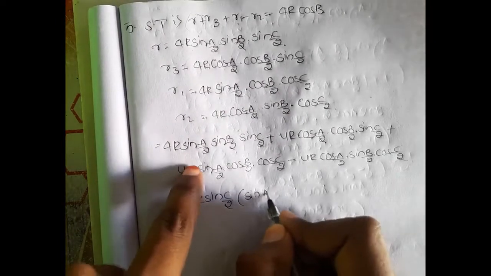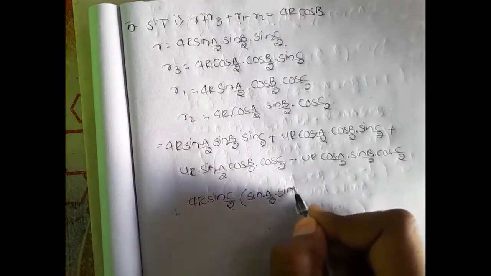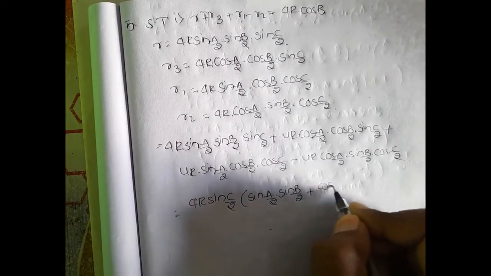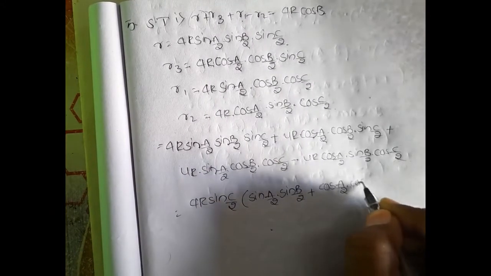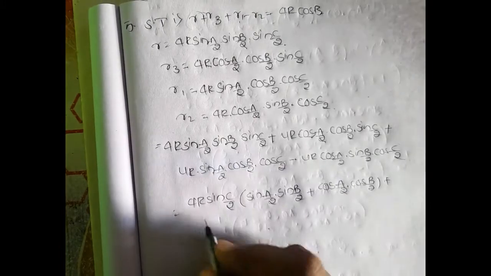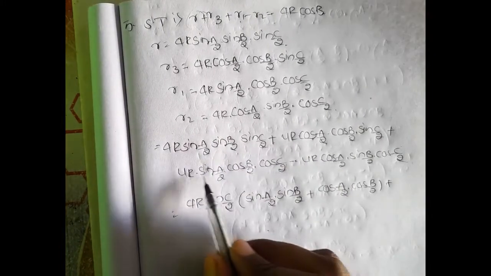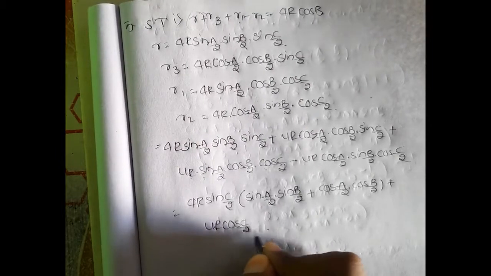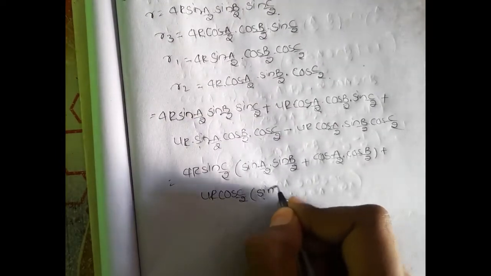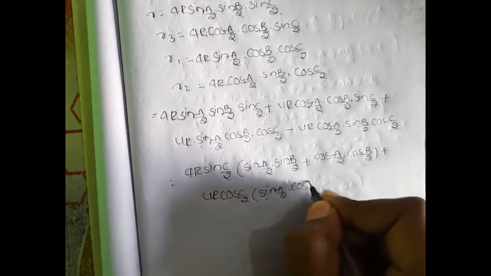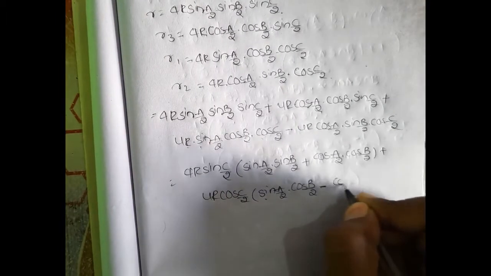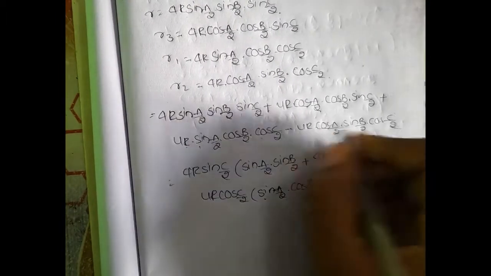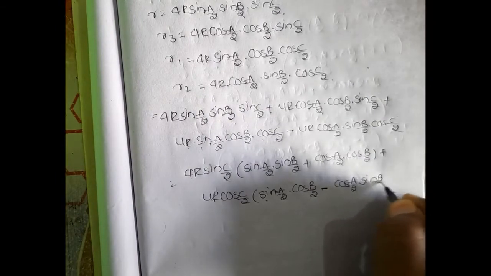Now what is left? Sin A by 2 sin B by 2 plus cos A by 2 cos B by 2 plus from here taking 4R cos C by 2 as common. 4R cos C by 2, sin A by 2 cos B by 2 minus cos A by 2 sin B by 2.